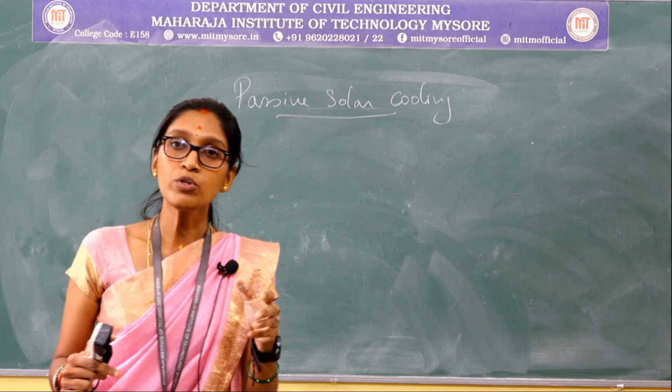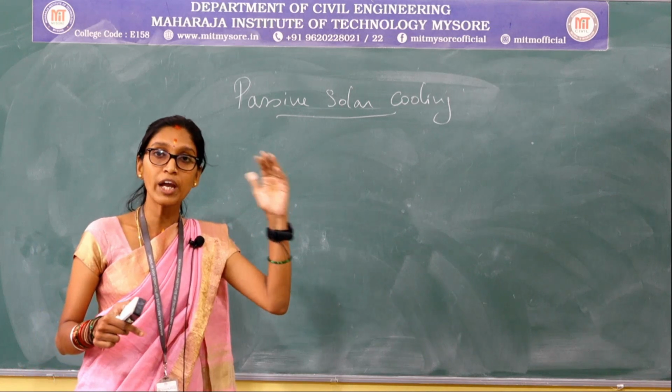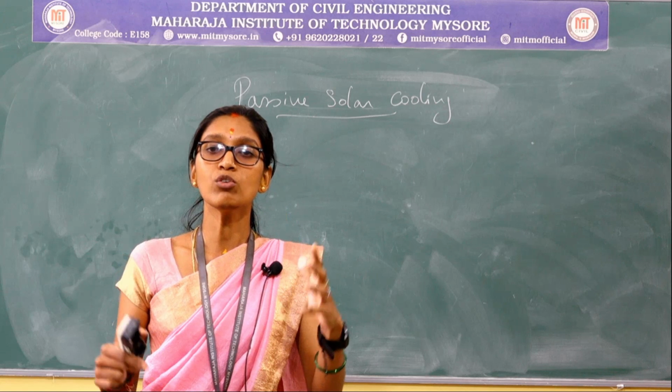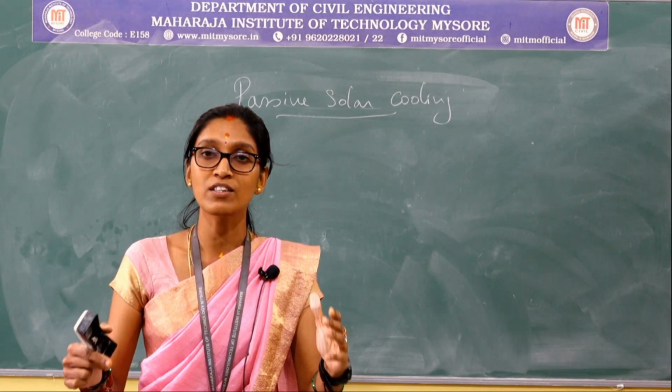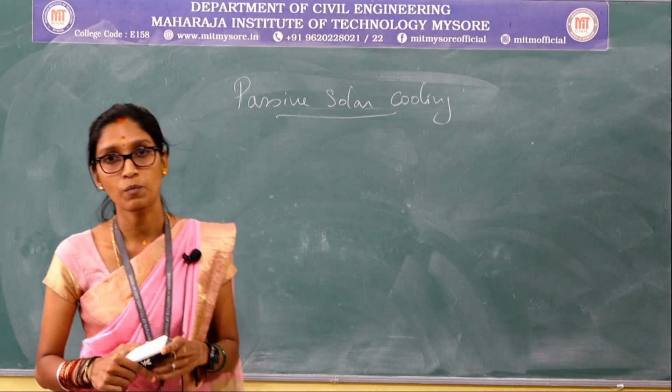Now it is all by research. So by using shadings, it is seen that 90 to 95% of the sun's radiation that enters into the house can be reduced.